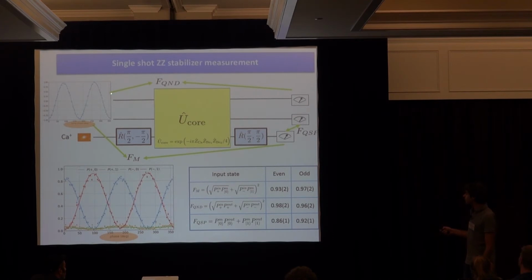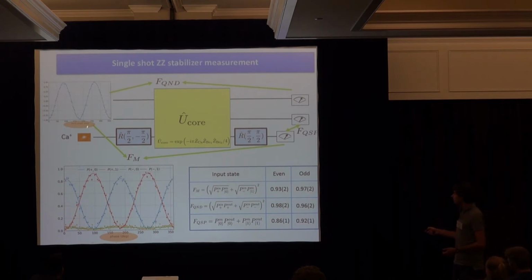In particular, I can try to give you a flavor of what they mean. We have some quantum non-demolition fidelity. As the word says, it just tells us how quantum non-demolition our operation is. It basically correlates the input parity states with the output parity states.